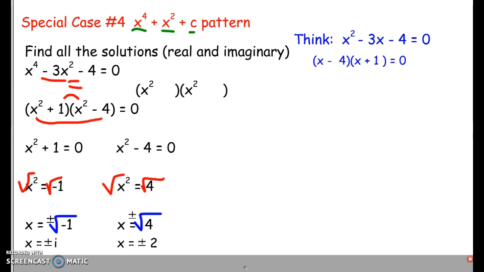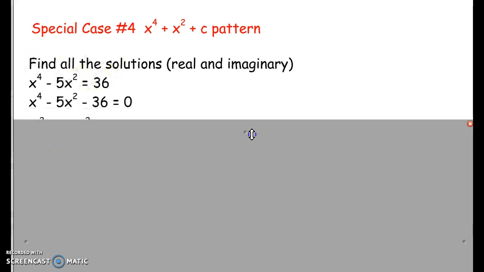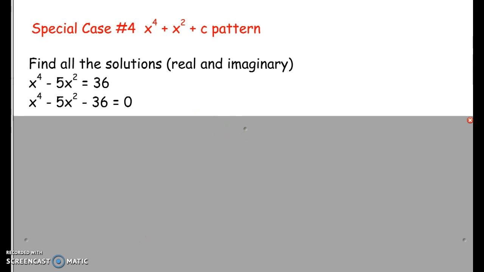One more question, if you want to find this one on your sheet. Again, I would try it on my own first, then pause the video, and once you have it done, resume it and check your answer. All right, so this one, we're going to start with -36. Hopefully you'll know to factor this case when you see an x to the fourth followed by an x squared followed by a constant, which is what we have here.